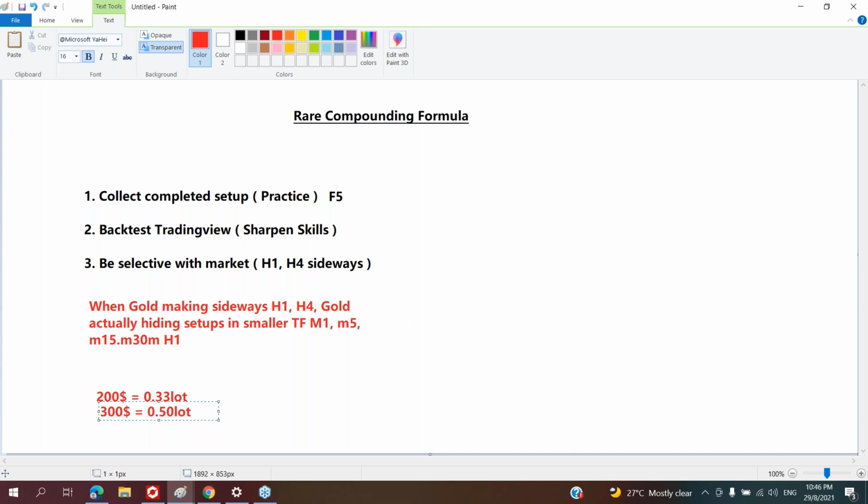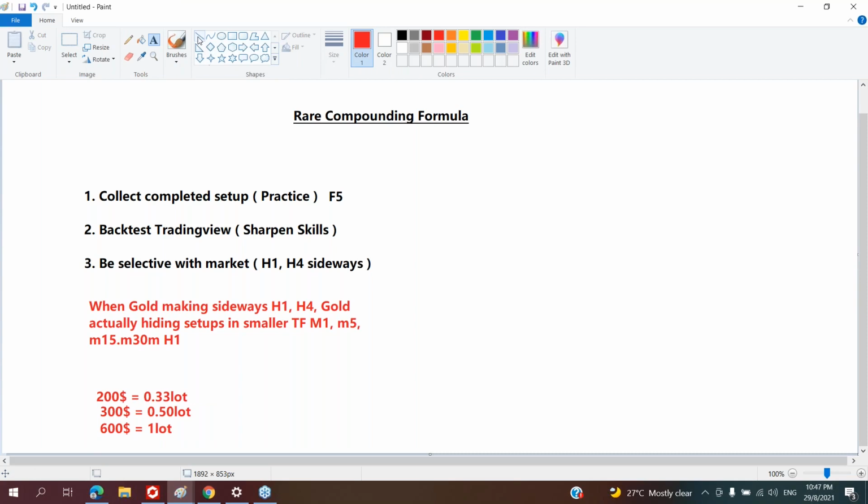And then, for example, I gain another $300, so I got $600. Okay, and then I'm going to switch to one lot. So this is rare compounding.